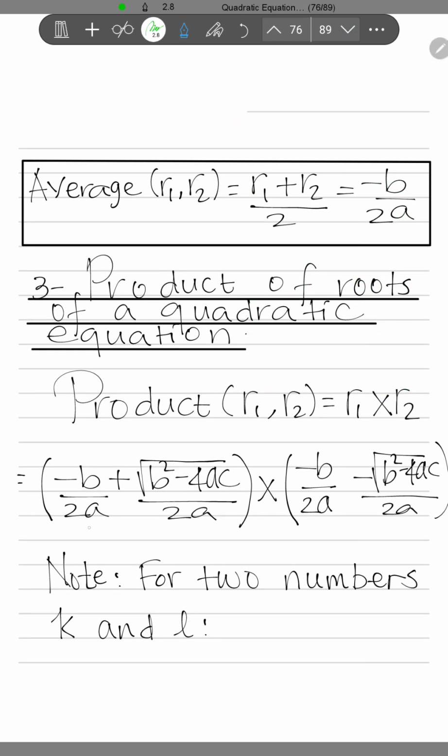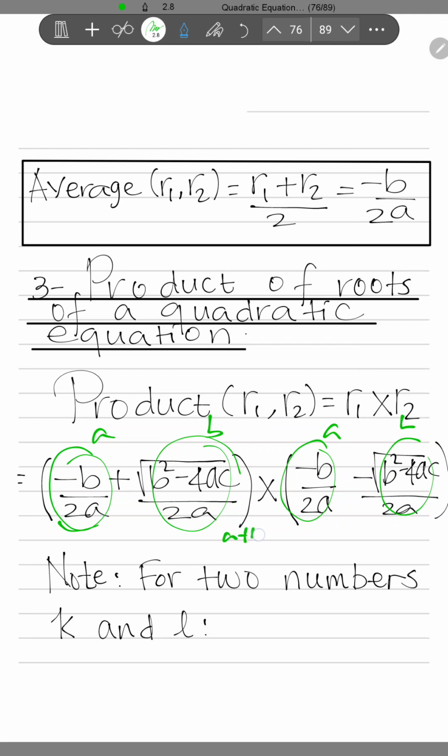One root is minus b over 2a plus the square root of b squared minus 4ac over 2a. The other root is minus b over 2a minus the square root of b squared minus 4ac over 2a. So what is the product of these two? Assume this part is a, assume this part is b. So the same a is here, the same b is here.